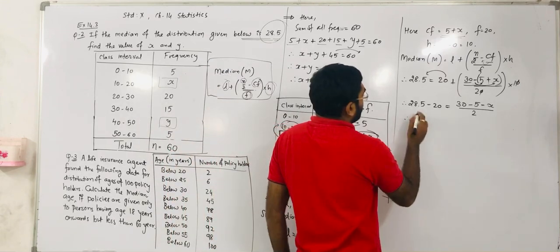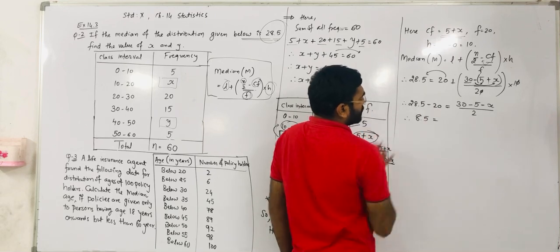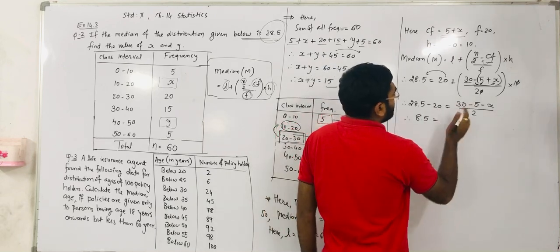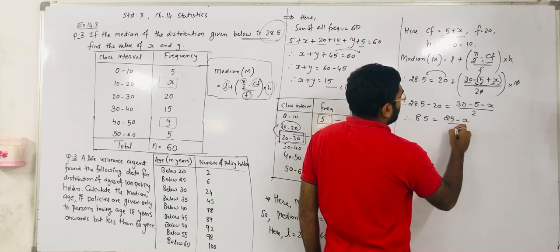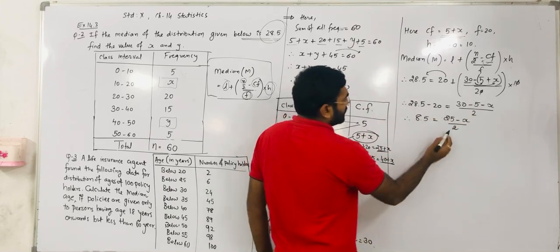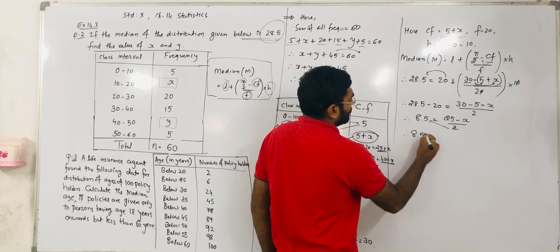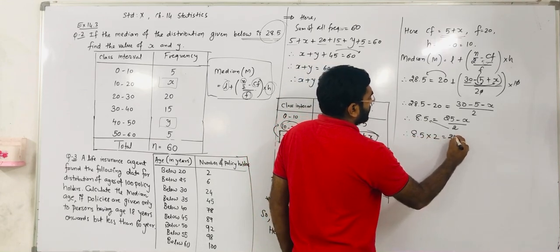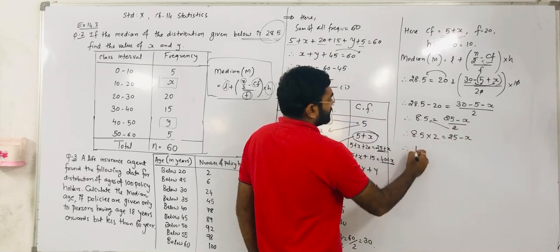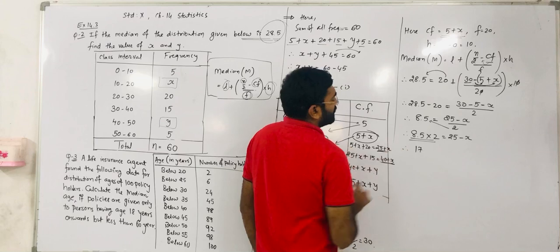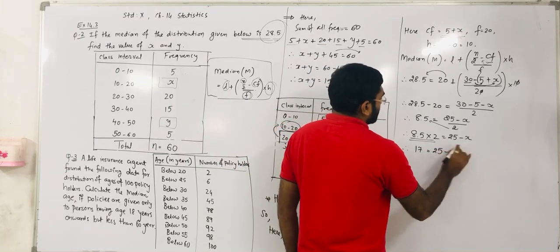Now 28.5 minus 20 gives 8.5, and 30 minus 5 gives 25 minus x, divided by 2. The 2 is multiplied with the 8.5, so in the right-hand side we get 25 minus x, and the left side becomes 17. So 17 is equal to 25 minus x.